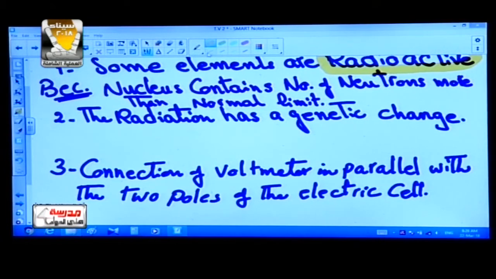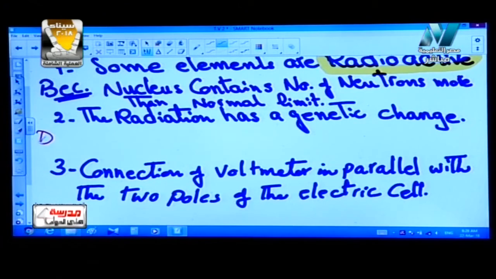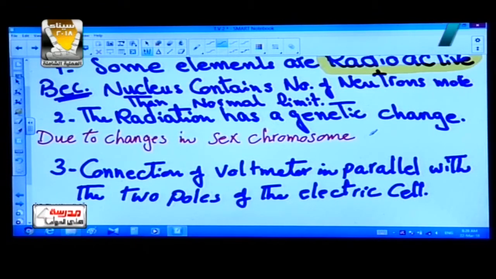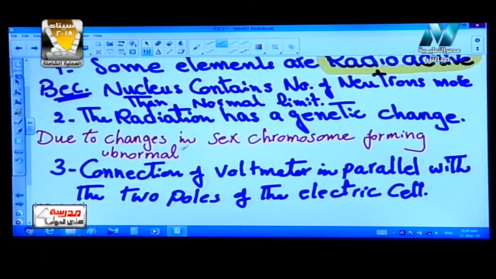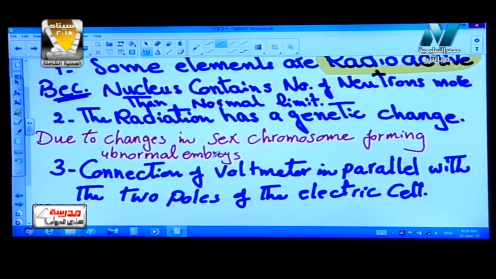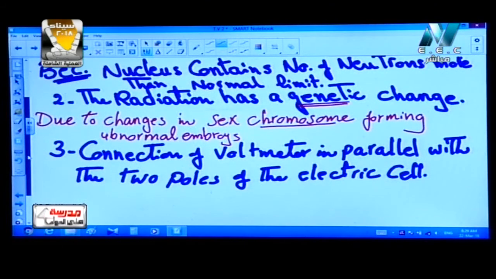Here we answer: due to change in sex chromosomes forming abnormal embryos, meaning deformed embryos. So radiation has a genetic effect, so we talk about the change in the sex chromosomes forming abnormal embryos or births, meaning deformed births.